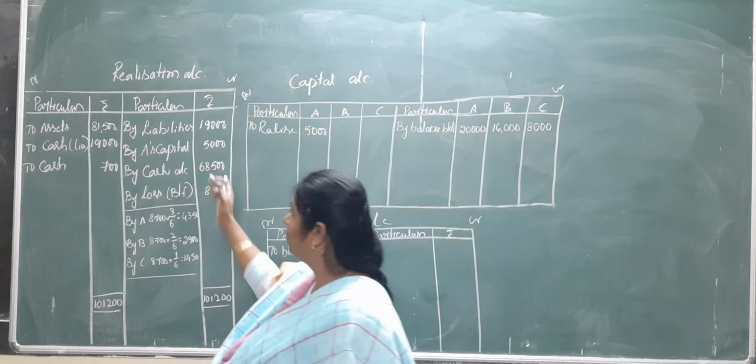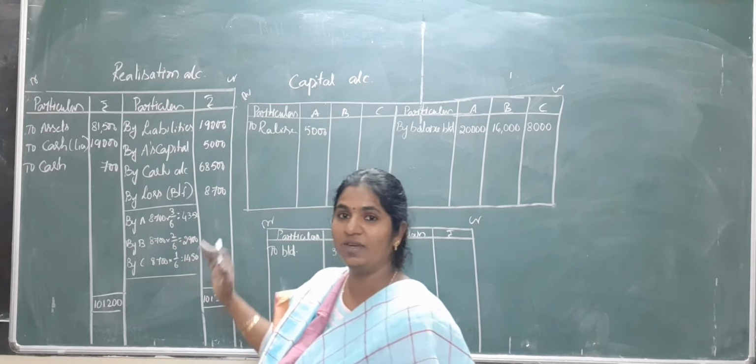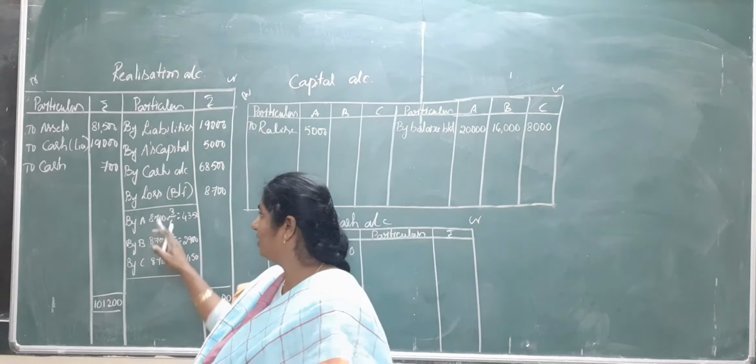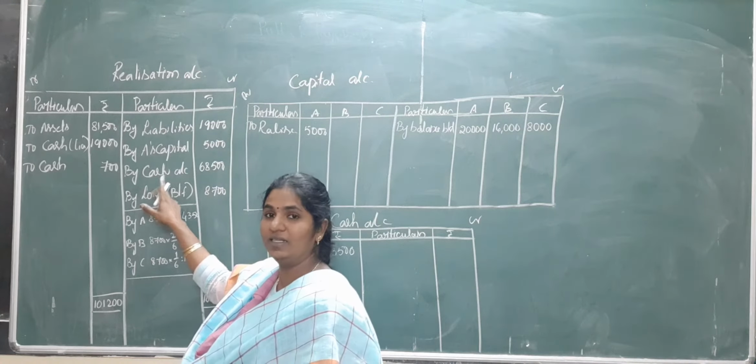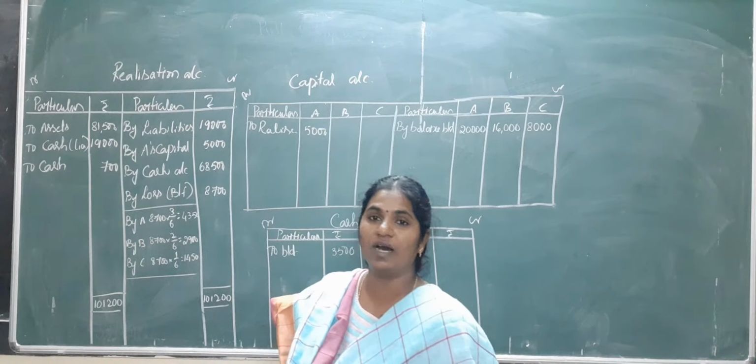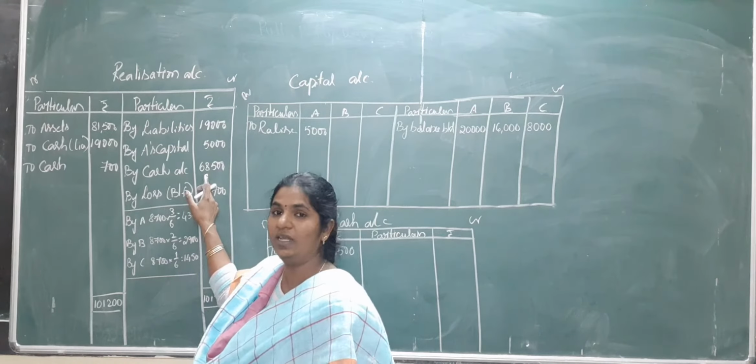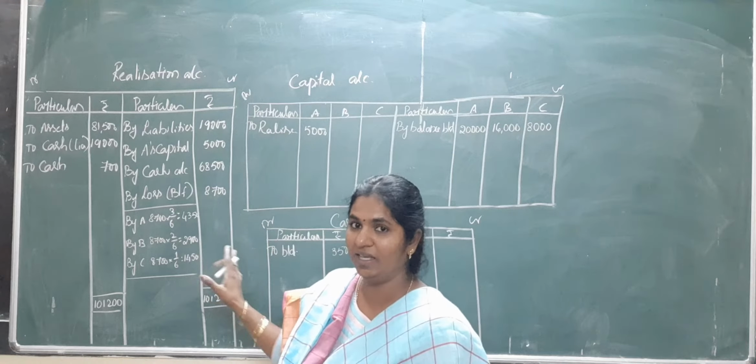Now move on with all assets' realizable value. Total assets are realized at 68,500. That amount has been shown totally and we should not show it separately here.